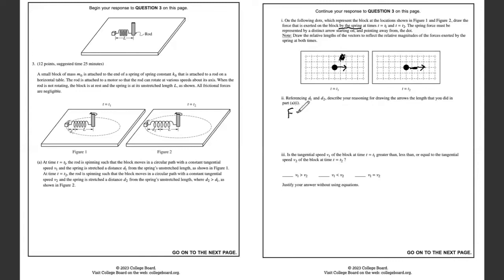Simple. Hooke's law states that the spring force is equal in magnitude to just k times displacement from equilibrium, right? For t1, delta x is equal to d1, and for t2, delta x is equal to d2.